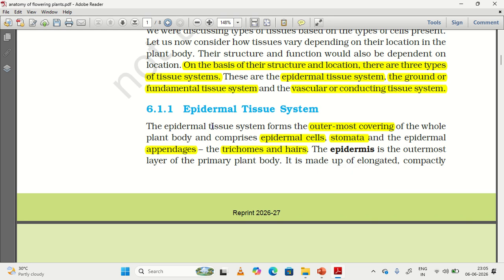The first tissue system is the epidermal tissue system. It has the components: the epidermal cells, stomata, which are majorly involved in gaseous exchange, and the epidermal appendages. Appendages means other attachments like the trichomes and hairs. Trichomes are nothing but extensions of the epidermal cells, and hairs are tiny structures.